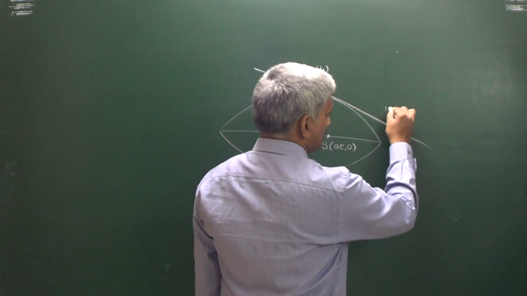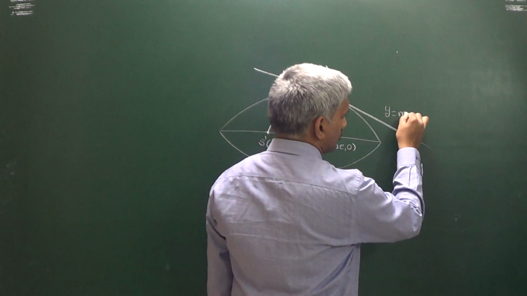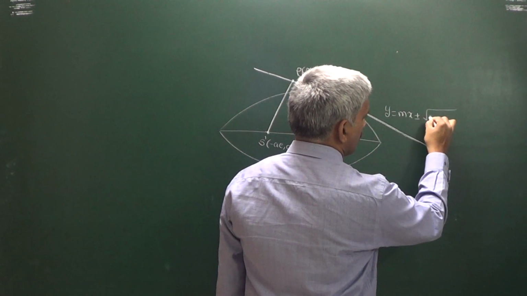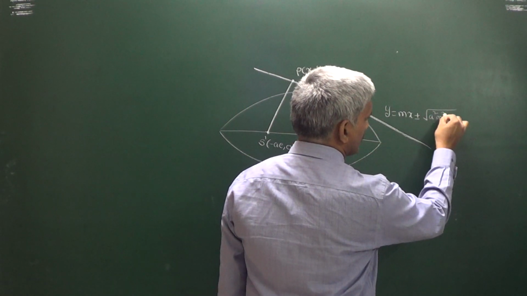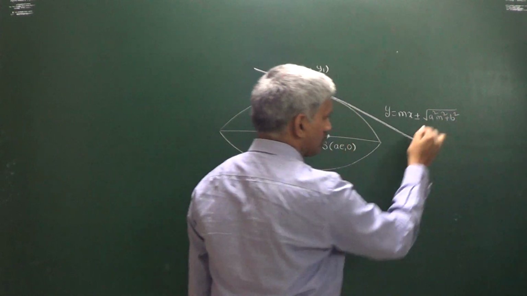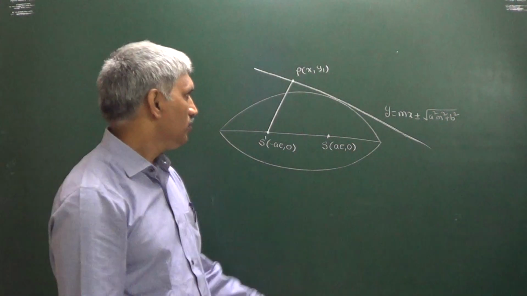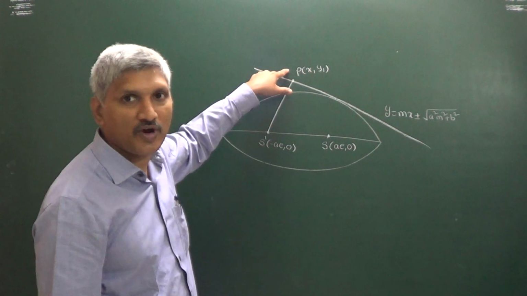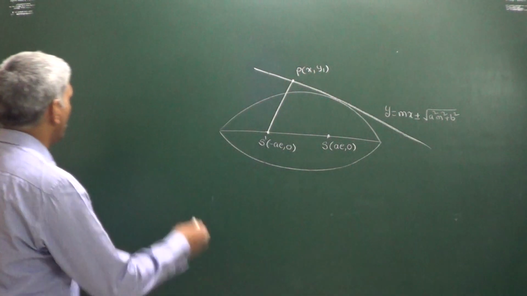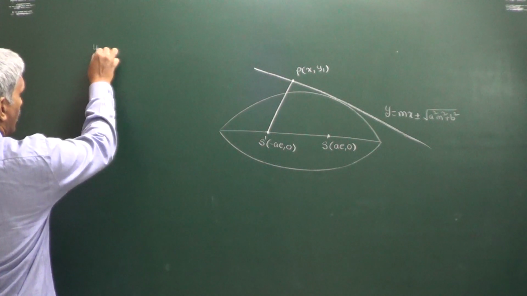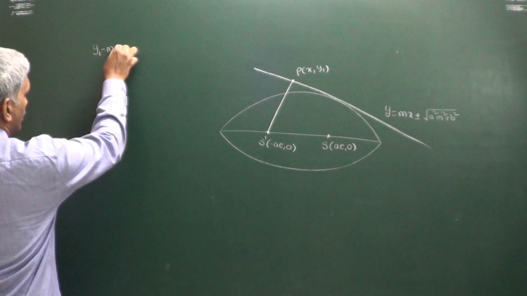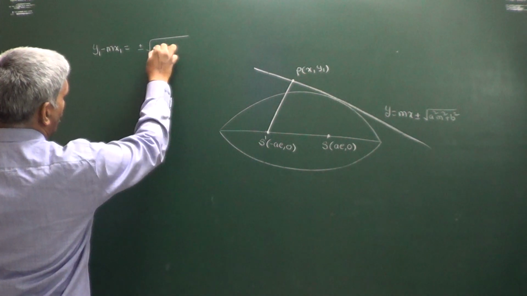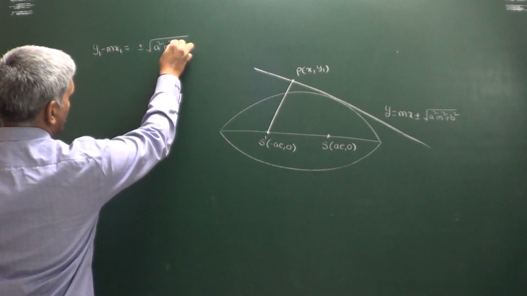You know the tangent equation in slope form is y equals mx plus or minus square root of a square m square plus b square. No doubt this tangent is passing through the point (x1, y1). So substituting there, we get y1 minus mx1 equals plus or minus square root of a square m square plus b square.